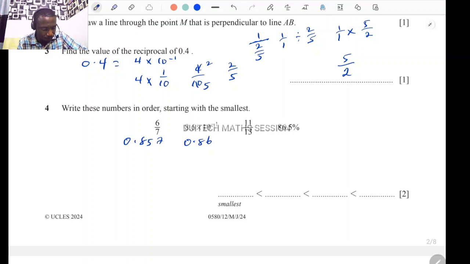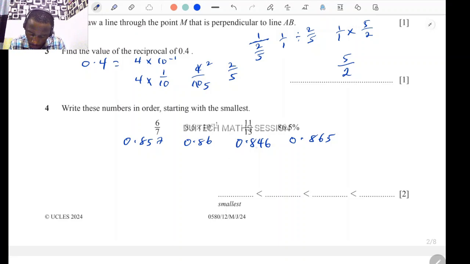11 divided by 13 will give us 0.846. And finally, because percent is the same thing as 1 over 100, 86.5 divided by 100 will give us 0.865. So we're going to be arranging these based on the highest one. We check which one is the lowest.